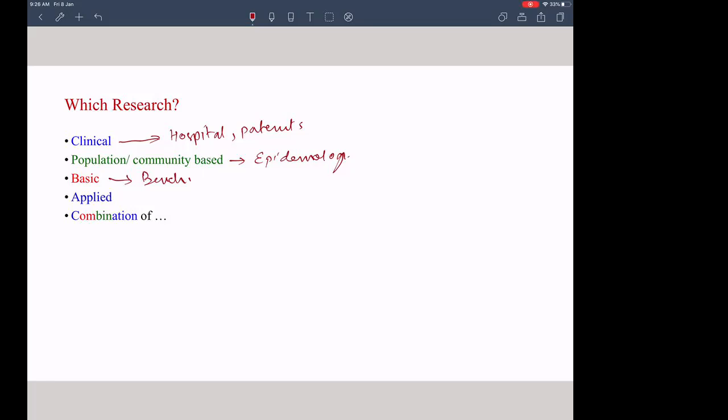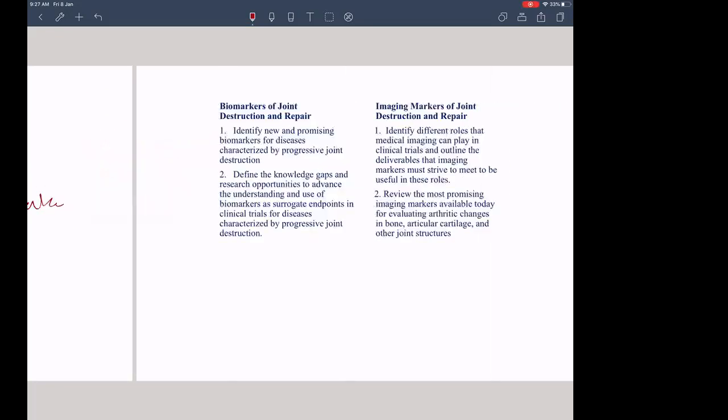Study design is important. This approach warrants that it should be a combination. You develop partnership, collaboration, and then you can launch a study covering all the aspects, the clinical, basic, and applied. This is how one can go.